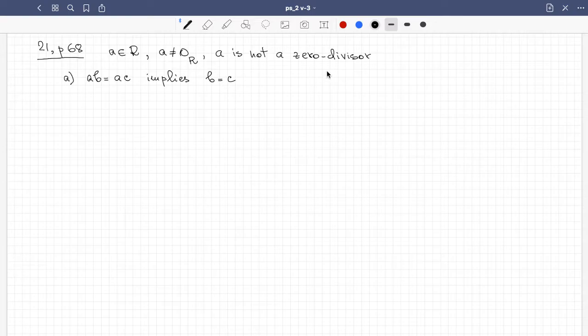B is similar, but with BA equals CA. We do not assume that the ring is commutative. We don't need that. So how do we prove that?